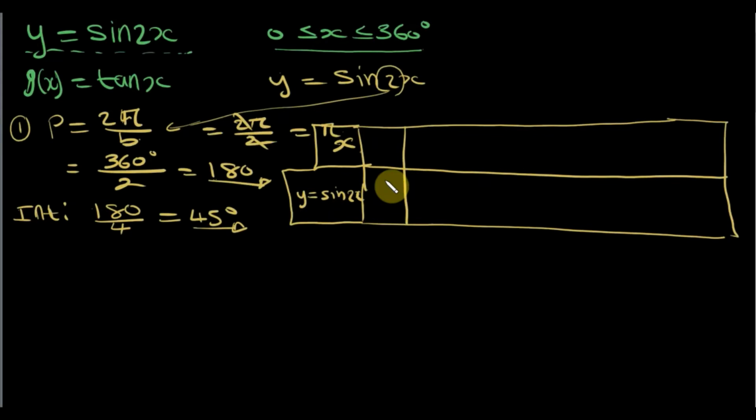Start from 0. 45 plus 45, that's 90. 90 plus 45, that is 135. 135 plus 45, 180.